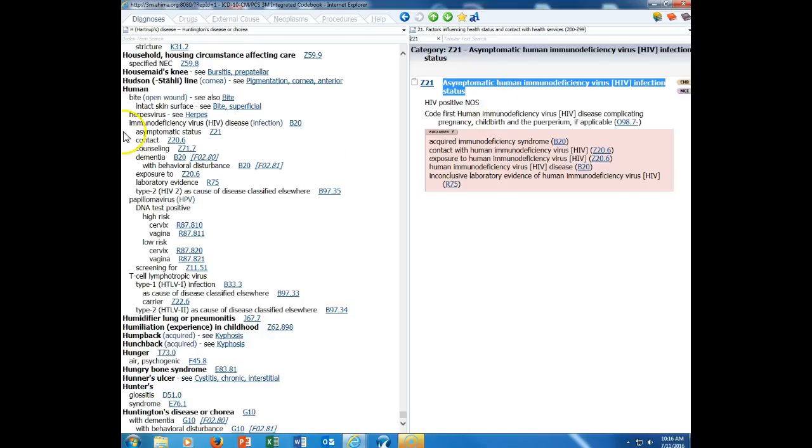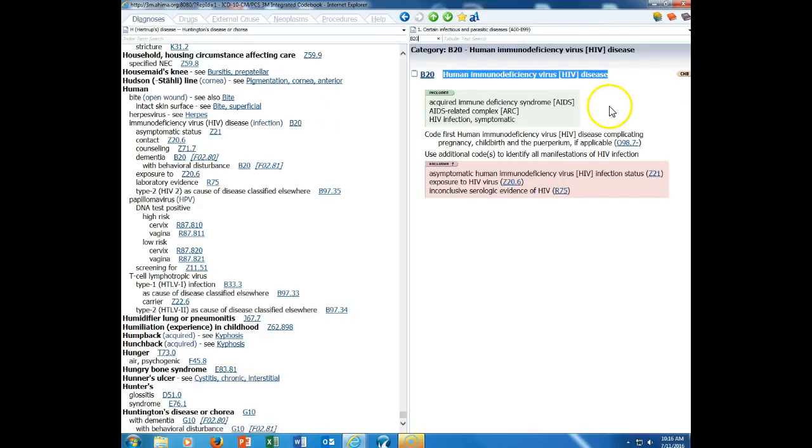Now, if a patient progresses from asymptomatic status, just testing positive for HIV, to actually having AIDS, the code for AIDS is B20. Once they have AIDS, they always have AIDS.